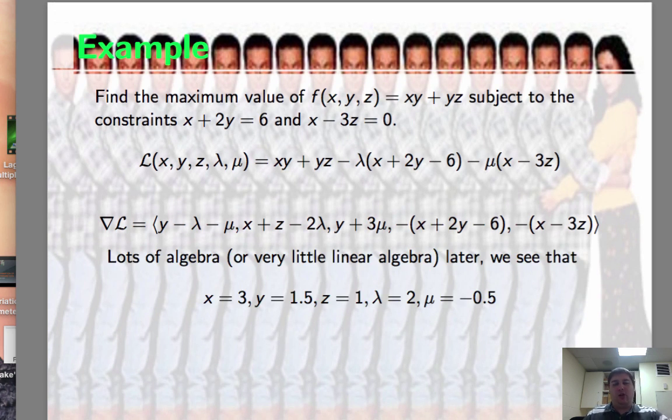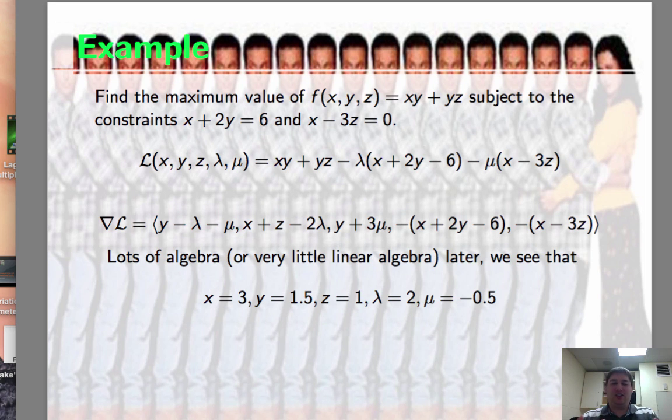Okay, so we set this horrible 5-dimensional vector equal to the 5-dimensional 0 vector, which is 0, 0, 0, 0, 0, meaning just set each component equal to 0. And you can do a lot of algebra, which would be a lot of substitution, elimination, other horrible things, or very little linear algebra. If you know anything about linear algebra, you can do this in like 2 seconds. It's fantastic.